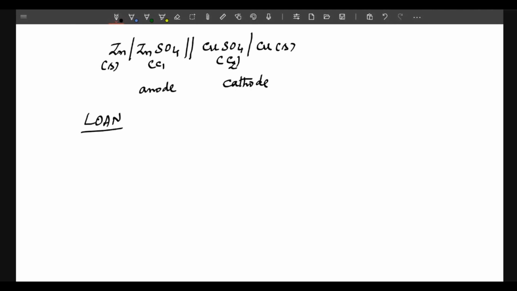When you write the cell in terms of representation, instead of drawing the diagram, the left side, zinc bar zinc sulfate, is the oxidative one, A for anode, and it bears a negative charge. LORAN: left, oxidative, anode, bearing negative charge.